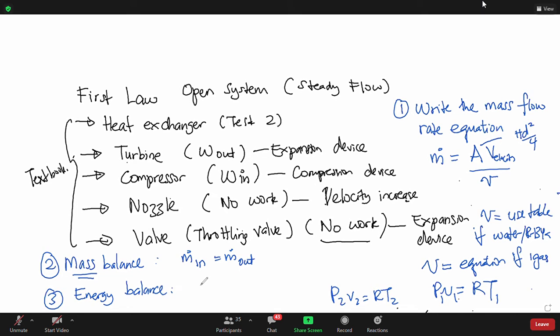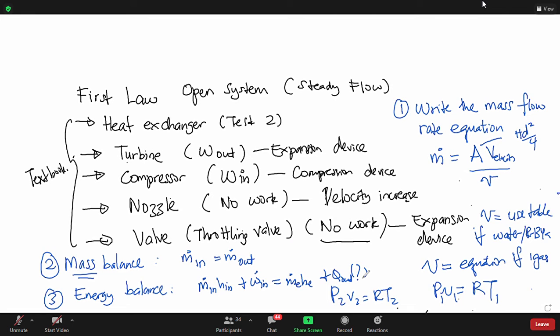You only have to worry about m dot in, h in. If it's a compressor, you have W work in. So W work in equals m dot out, h out. Is there any q out? If there is, then you have to put it in. It depends.